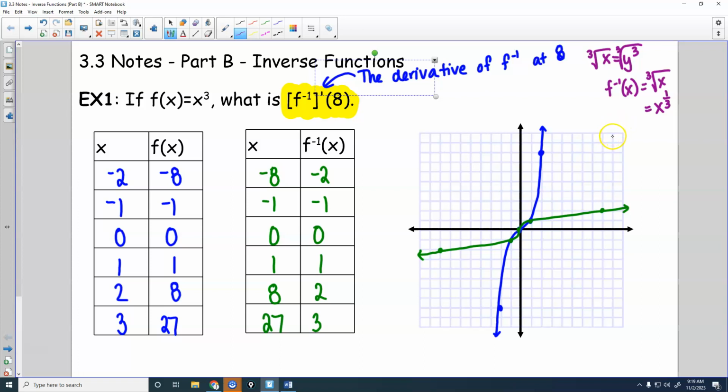Okay? So if I take the derivative of the inverse, the notation is a little tricky on this. It's f inverse. You're going to put brackets around it and do a prime of x.